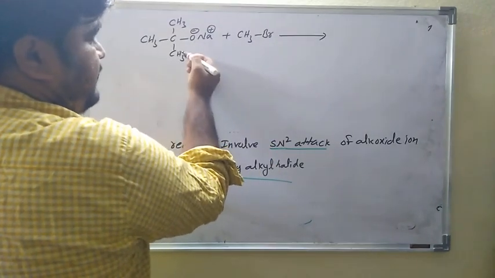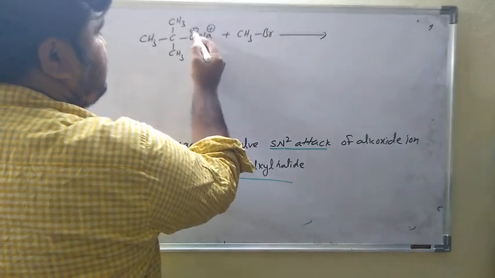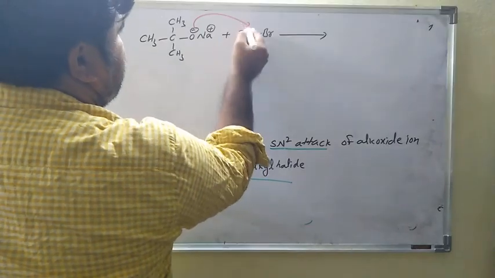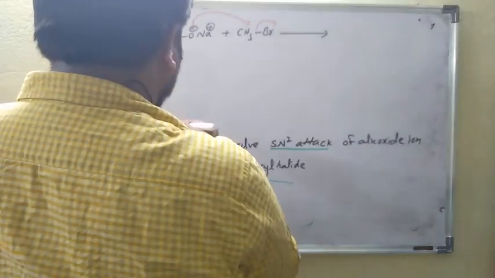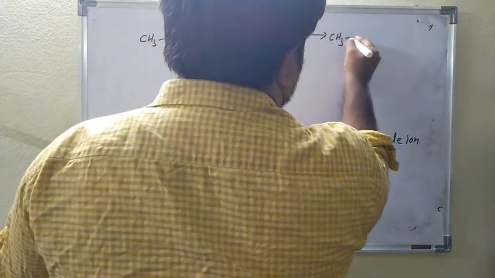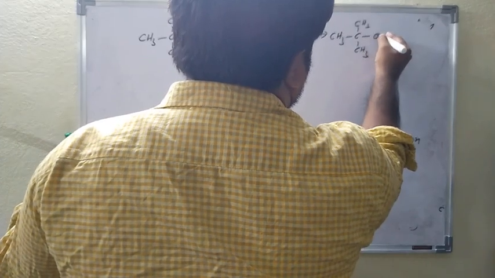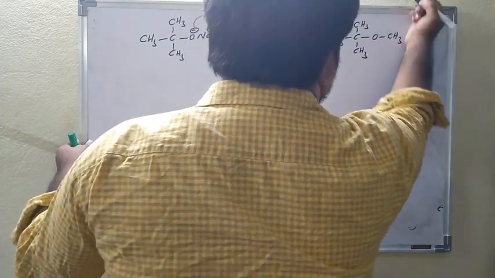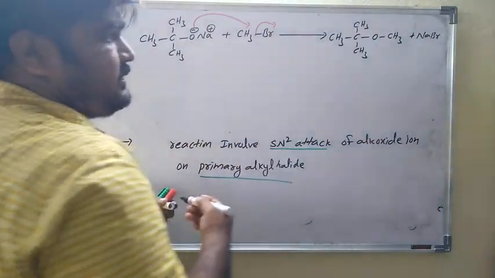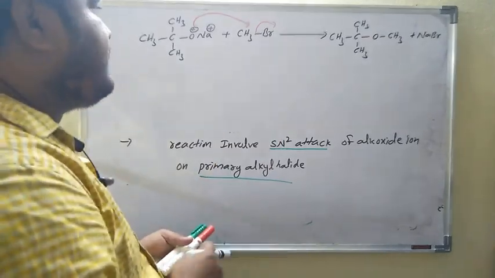The negative charge attacks, with loss of sodium ion. Then the product is an ether, along with sodium bromide. See, this is the ether.